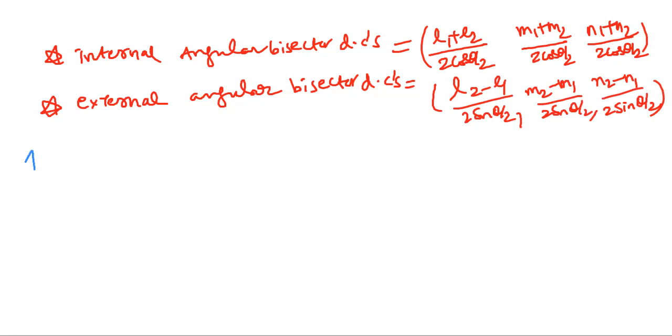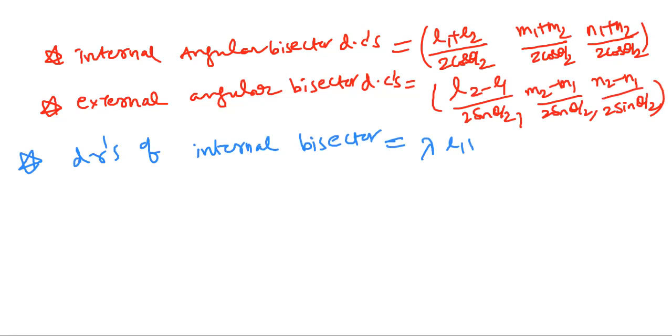If you want DR, it will just be multiplied with some scalar lambda. The DRs of the internal bisector, we can skip the common denominator also, will be like lambda into L1 plus L2, lambda into M1 plus M2, lambda into N1 plus N2.